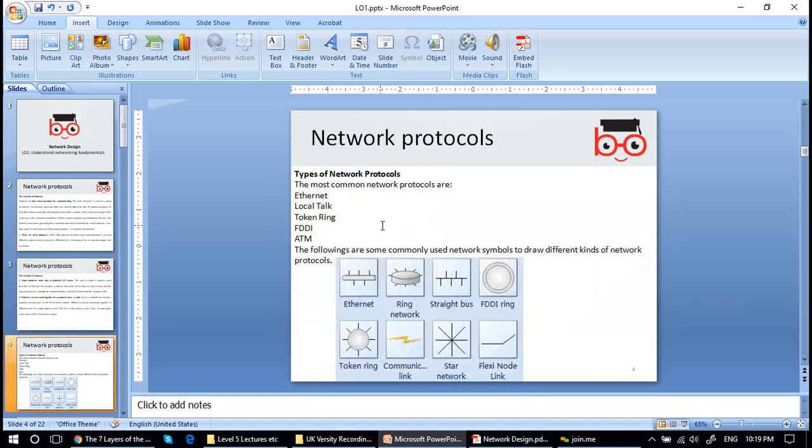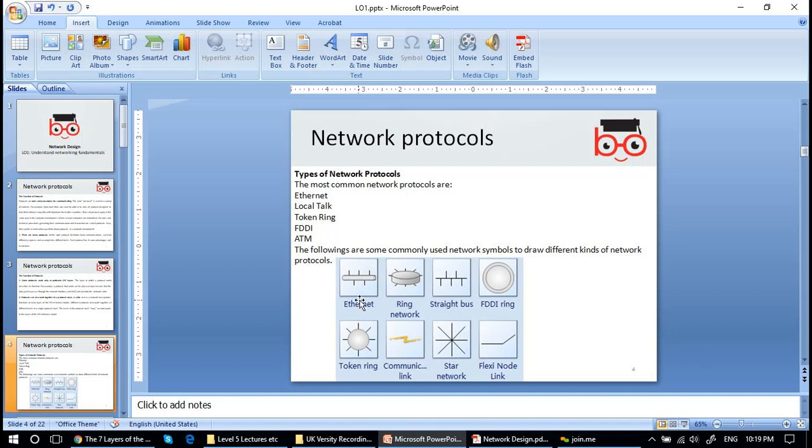Now, the types of network protocols, among which the most common are the Ethernet protocol, LocalTalk, token ring, FDDI, and ATM. The following are some commonly used network symbols to draw different kinds of network protocols. A protocol, as we explained earlier, is a kind of rule, and they are shown as logically making some path.